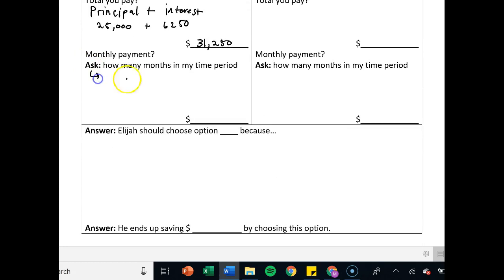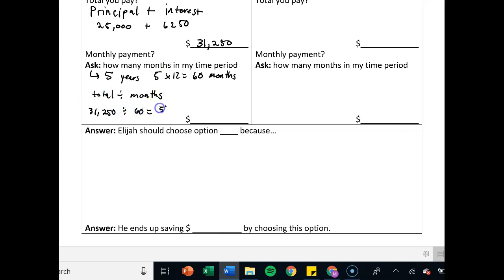For how many monthly payments? I'm just going to ask myself how many months in my time period. So my time period is 5 years. There's 12 months in 1 year. It's 5 times 12, so that's 60 months. And so then I'm just going to take my total payment, $31,250, divided by the amount of months, which is 60.